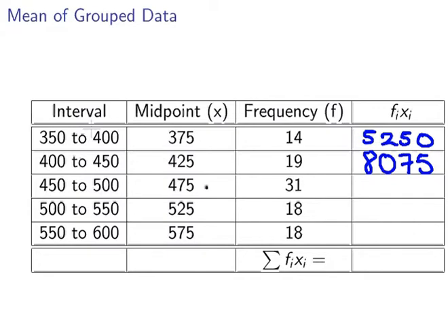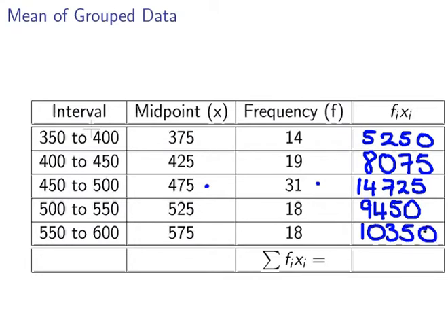We multiply 475 by 31, and that works out to be 14725. 525 by 18 works out to be 9450. And lastly, 575 times 18 is 10350.